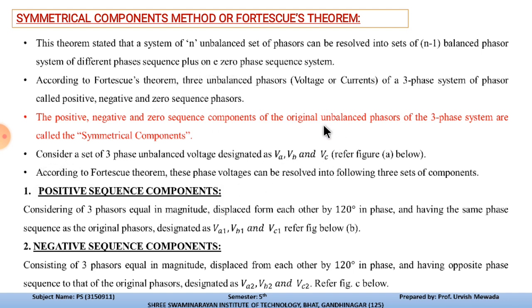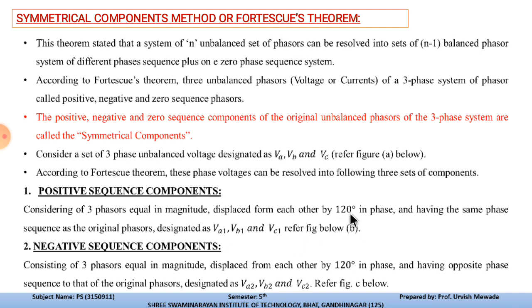In the positive sequence component, we are considering three phasors which are equal in magnitude, displaced 120 degrees from each other, and having the same phase sequence as the original phasors. So if we consider A, B, C, then this is the sequence of this three phase system. So it will be VA1, VB1, and VC1.